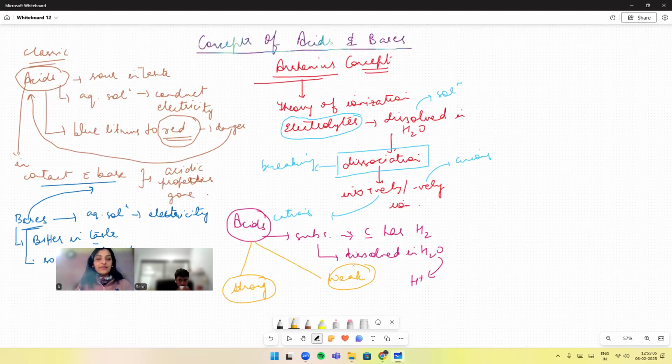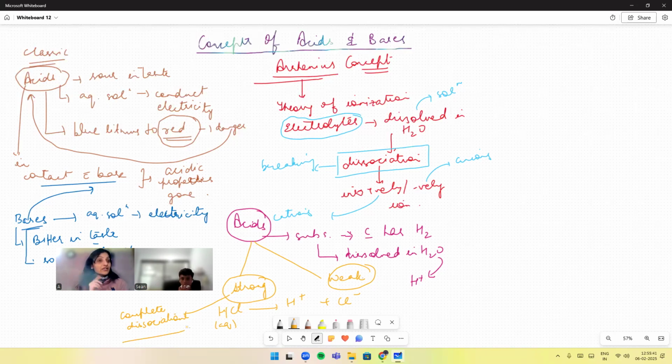For example, HCl, when dissolved in water as an aqueous solution, is going to form hydrogen ions and chloride ions. There will be no unionized molecule present in the solution, only ions. So the characteristic property of a strong acid is complete dissociation.